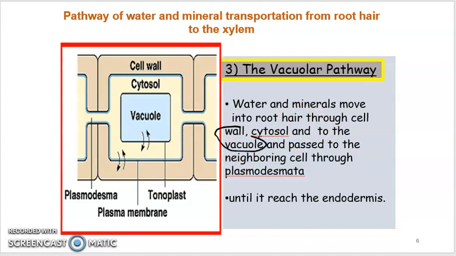Then it passes to the neighbouring cell through plasmodesmata, until it reaches the endodermis. In short, water moves along the vacuole of the cell by osmosis. So the keyword here is vacuole.